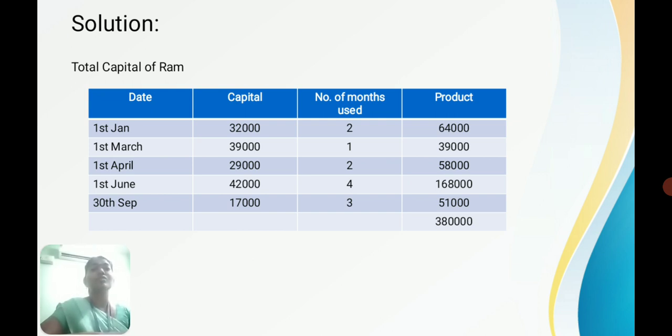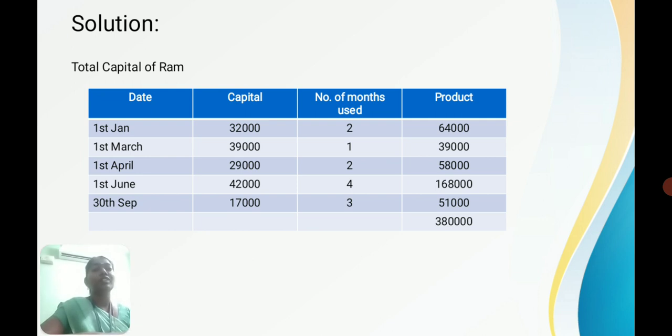This amount is used up to 31st December. Since they withdrew on 30th September, we just leave that month. After that October, November, December, there are 3 months we use the 17,000. So the product of 17,000 and 3 is 51,000.